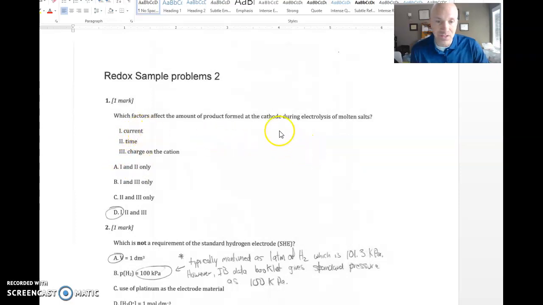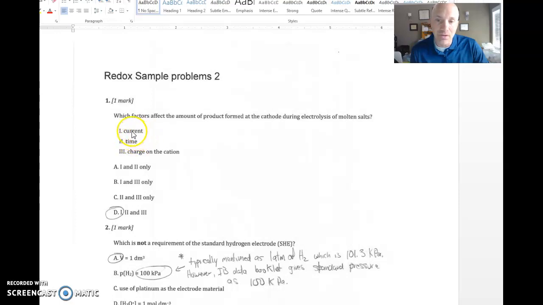This process requires electrons to flow from the wire into the electrode to allow that process to occur. So anything that increases the electron flow would increase the rate of that reaction.